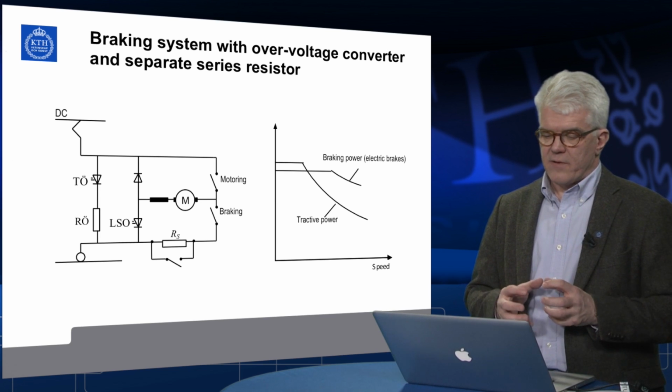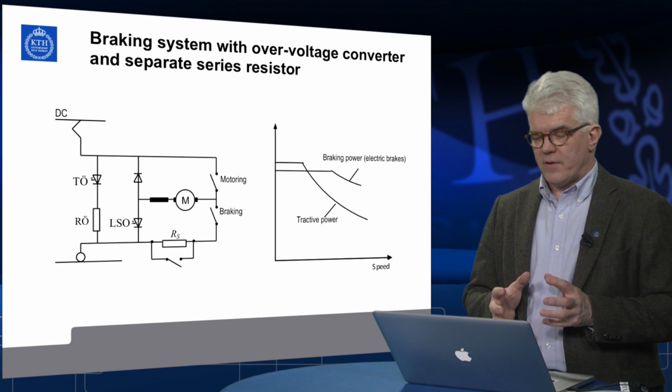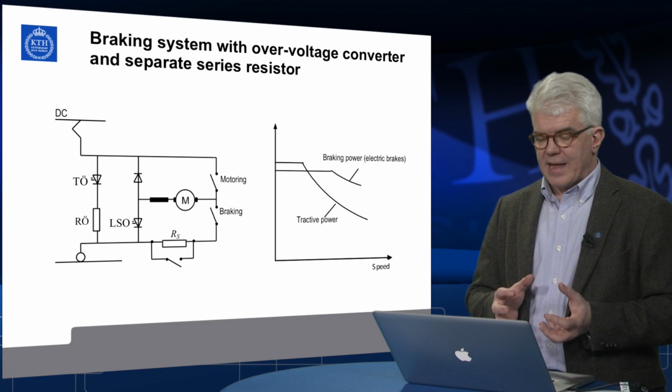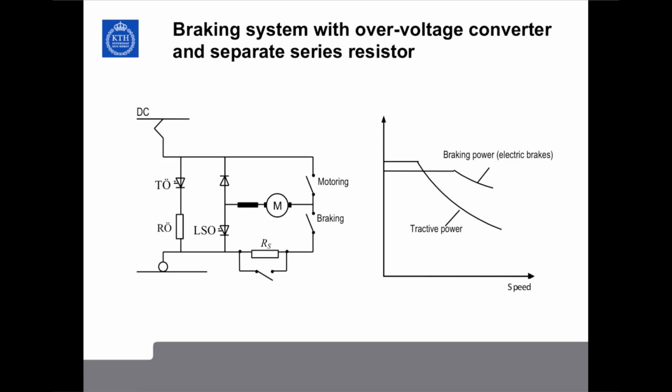When you have this kind of DC motor drive, you can add a braking resistor. That is a separate resistor connected in series with the motor. And this is something you can do simply. When you brake, if you have 0 voltage here, you have 750 volts here.